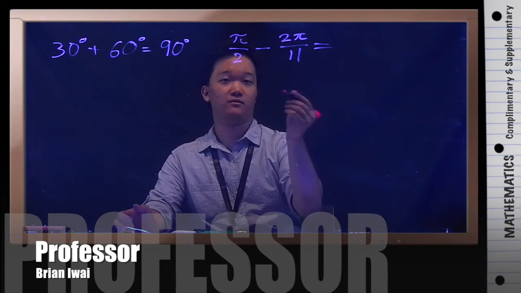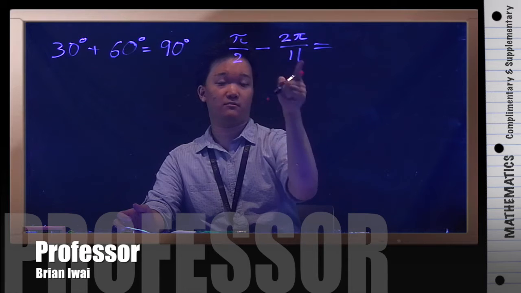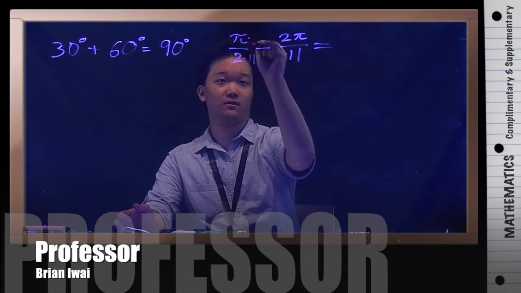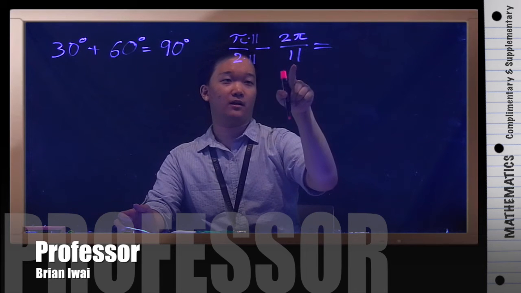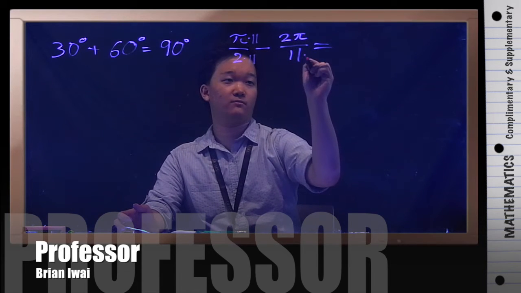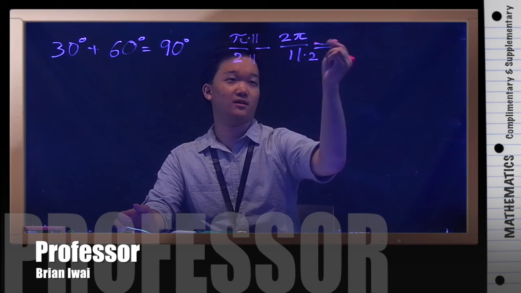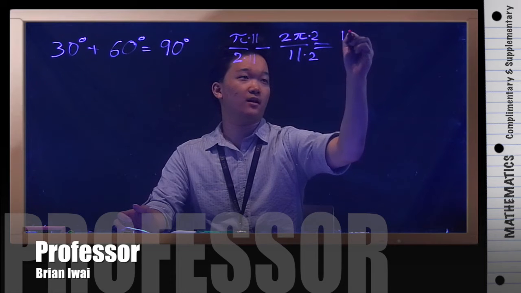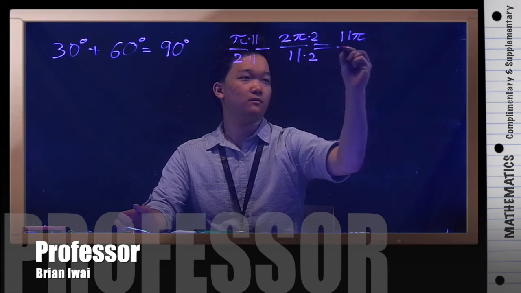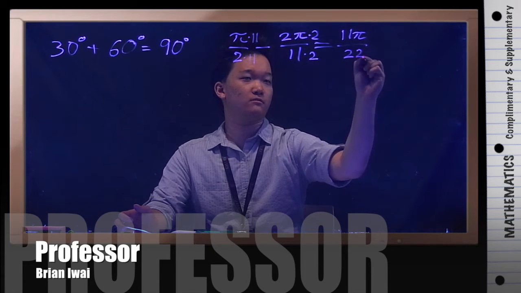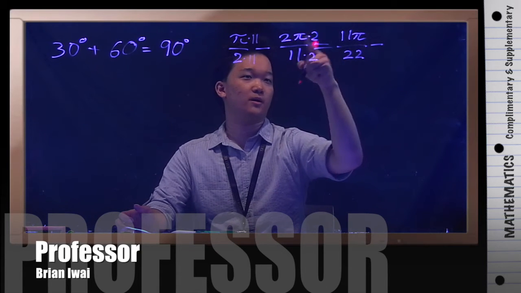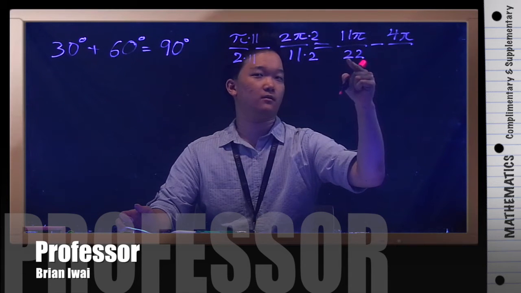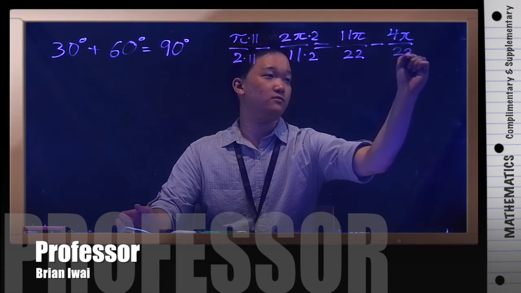The LCD is 22. To get 2 to become 22, you multiply 2 by 11 and do the same thing to the top, π times 11. And to get 11 to become 22, you multiply 11 by 2, and again, do the same to the top. So the first fraction is 11π/22 minus 2π times 2, which gives 4π over the same denominator, 22.